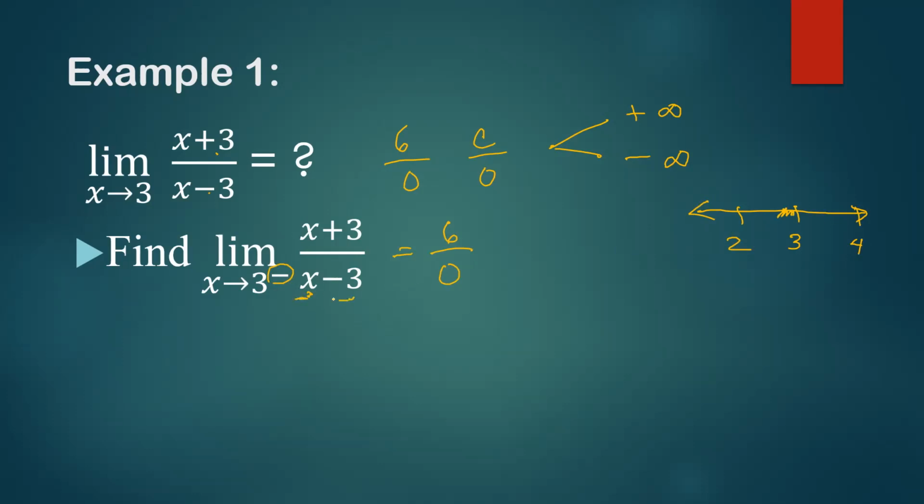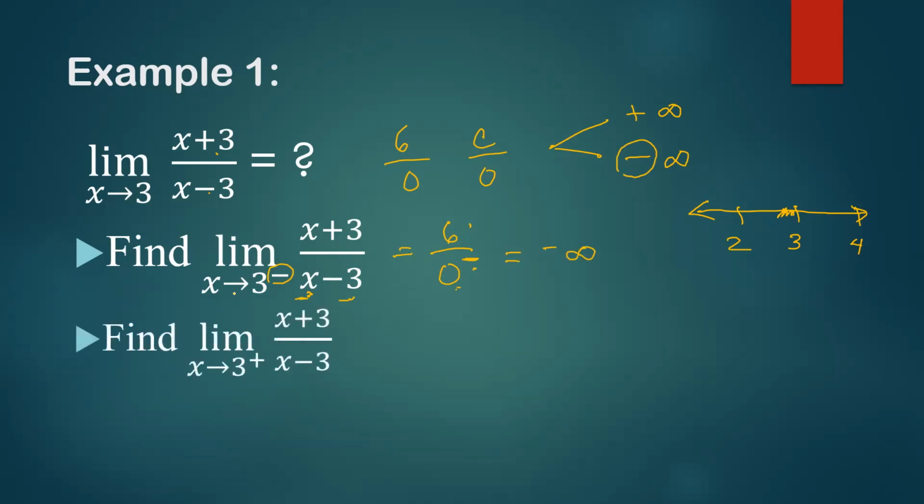That will be negative. So that means before this becomes 0, it actually comes from negative values. Okay? Coming from negative 0.1, negative 0.001, negative something. Okay? So it's a matter of determining the sign. So positive over negative is negative. So we choose the negative sign for our infinity. Okay, that will be our shortcut.